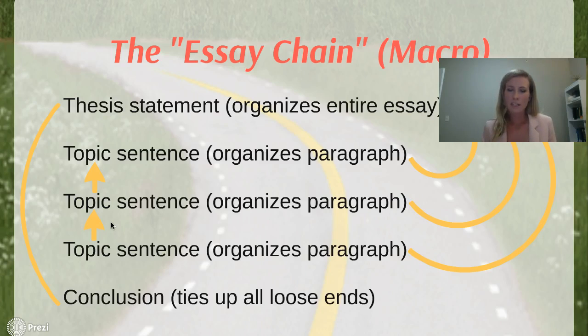Most often it is through transitional words or phrases. So perhaps you're using first, comma, and then your next paragraph, secondly, comma. There are lots of different ways we could do this, and we'll look at some of those transitional methods in a later presentation.